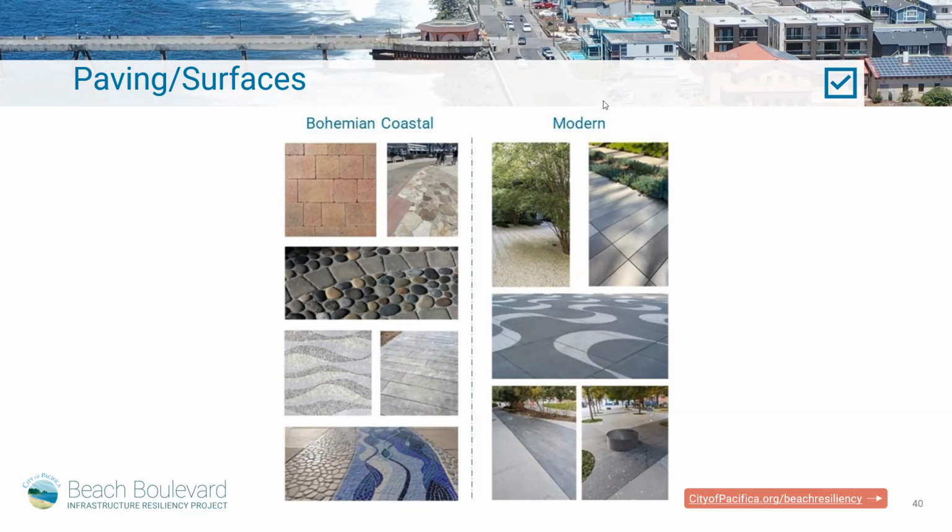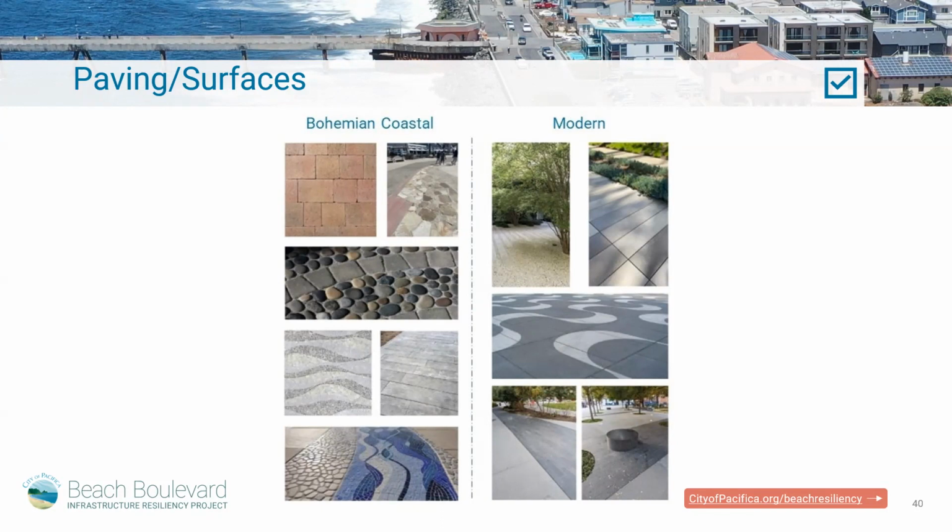So there's paving and surfacing. Again, through previous engagement, there were questions regarding ADA with some of the textured paving surfaces. Obviously, anything that we move forward with would be ADA compliant.